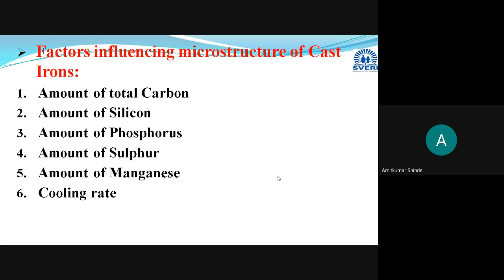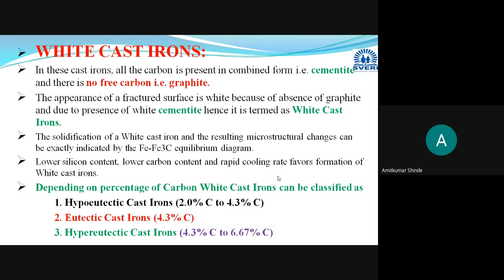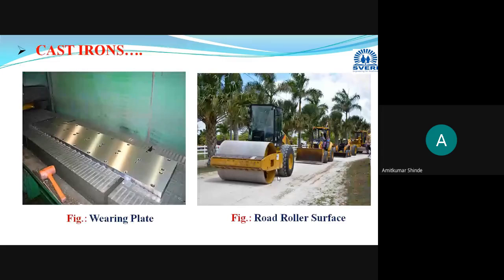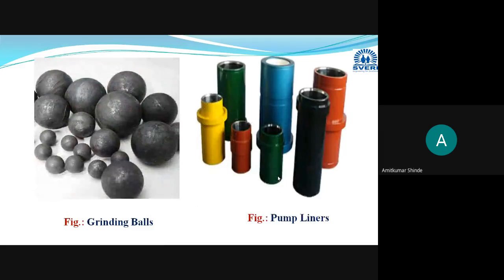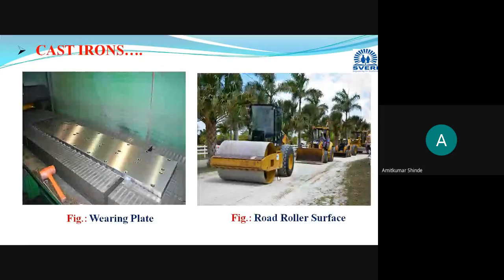After that, we discussed the first type, the white cast iron. In this, we studied the phases present in white cast iron, their types, their properties, their composition, and some specific applications like wear plate, road roller surface, grinding balls and pump liners. All these we have studied during this lecture.